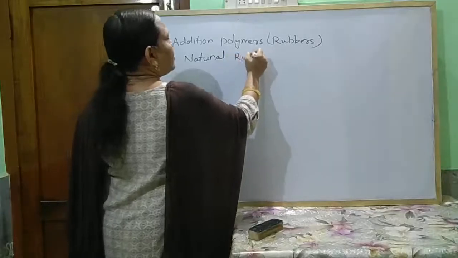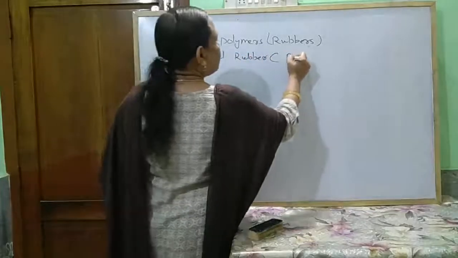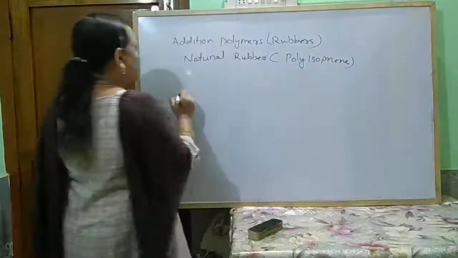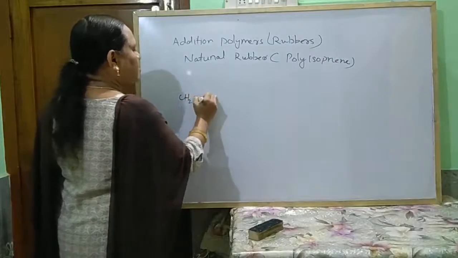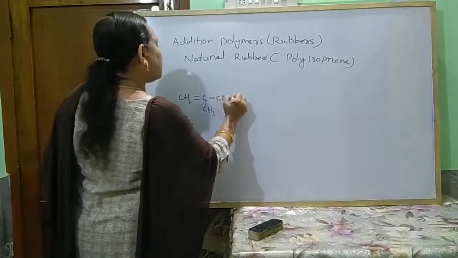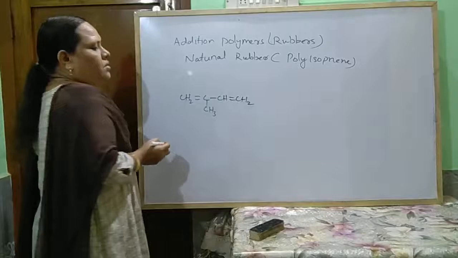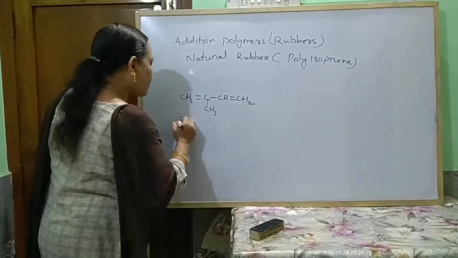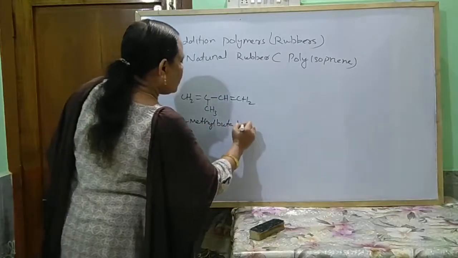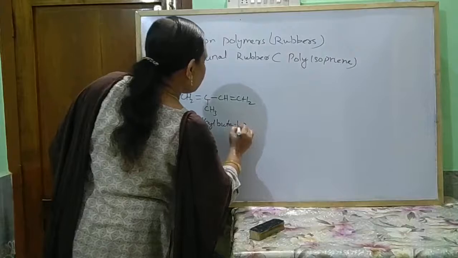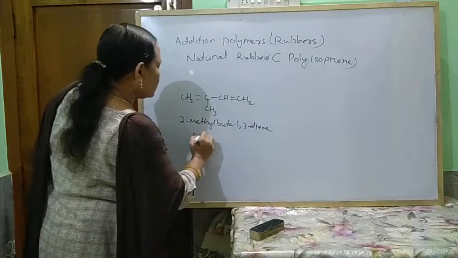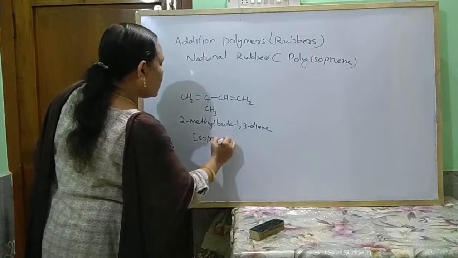Natural rubber is known as polyisoprene. So isoprene is 2-methyl buta-1,3-diene, also known as isoprene.